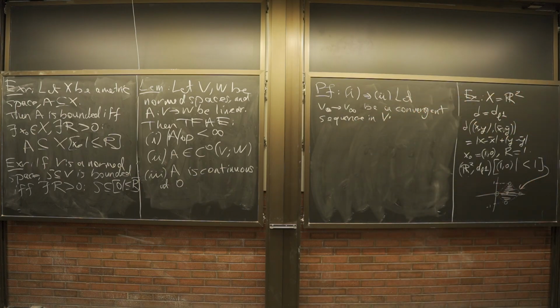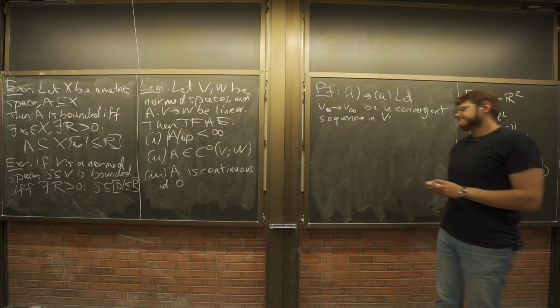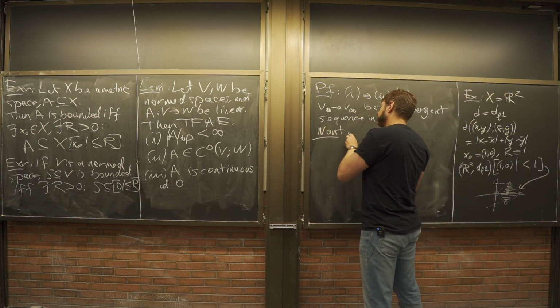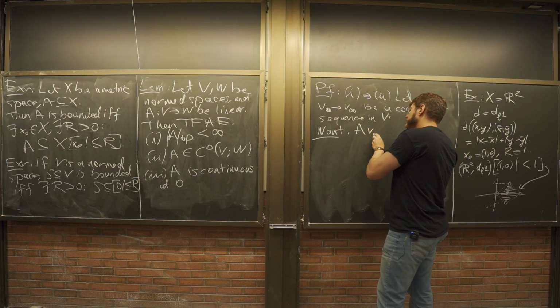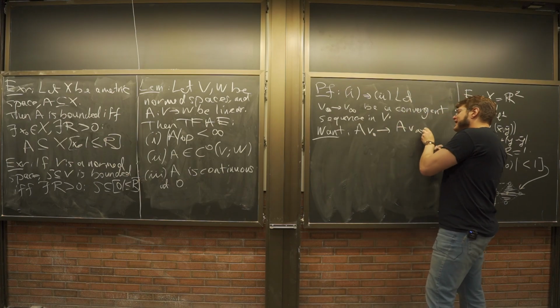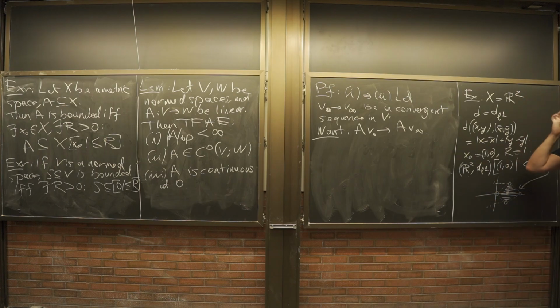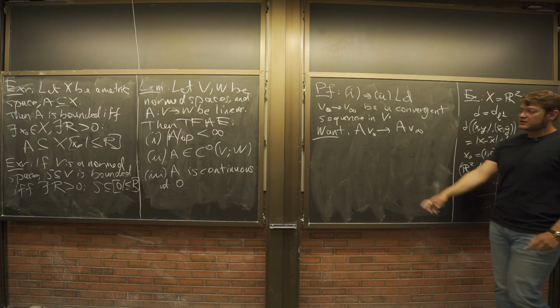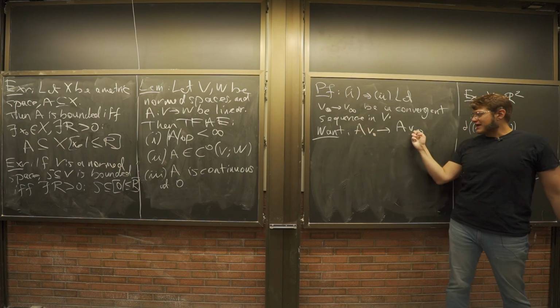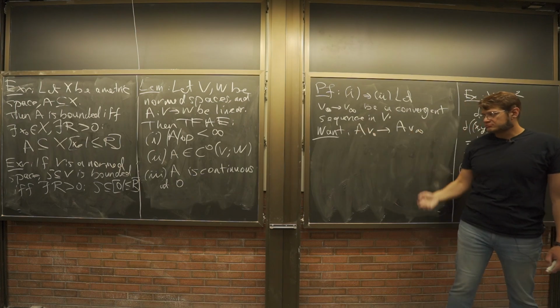I want the outputs to converge also. A V bullet, I want to converge to A V infinity. What does this mean? I want the distances between an arbitrary term here and this to go to 0.